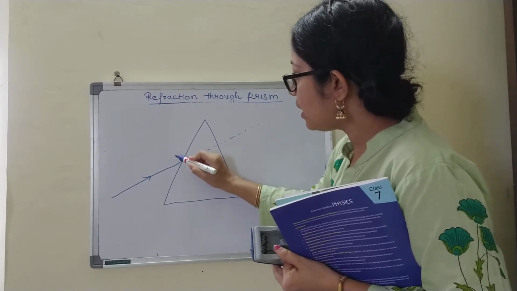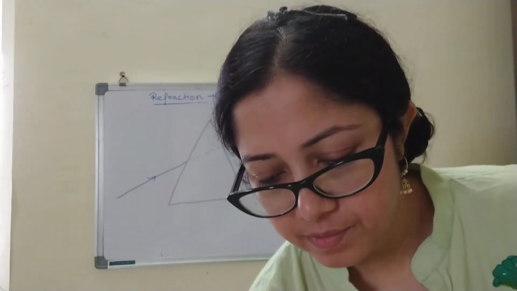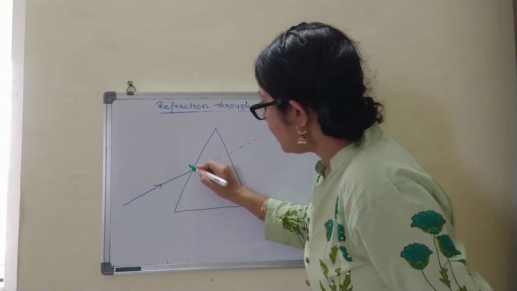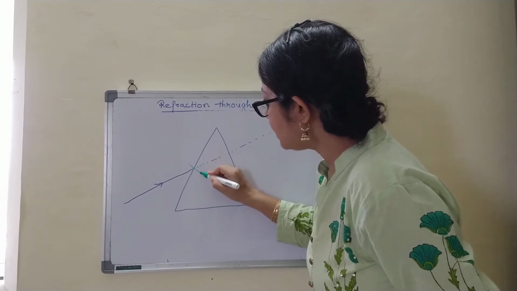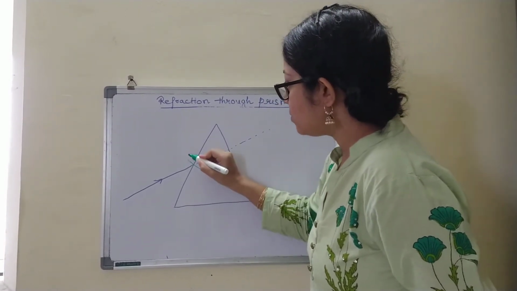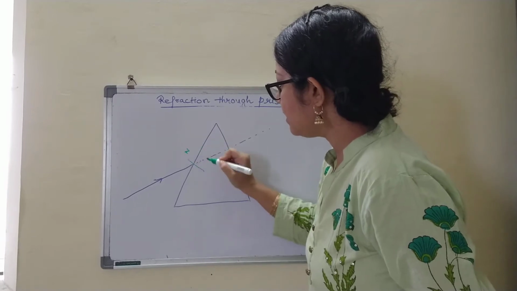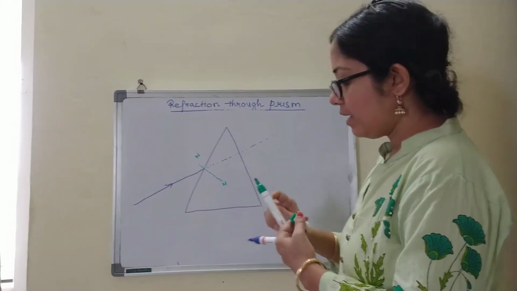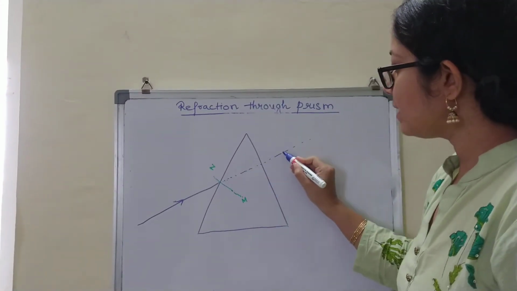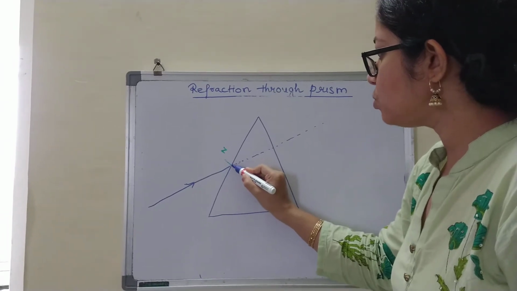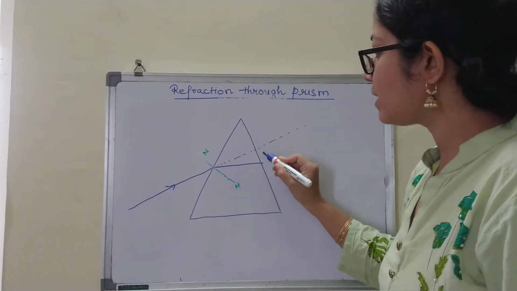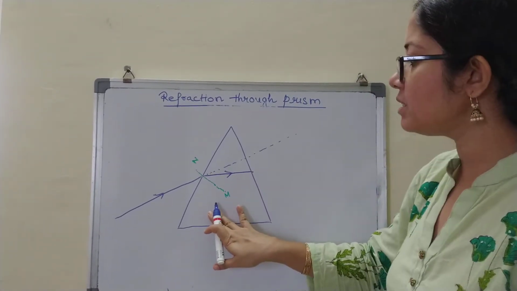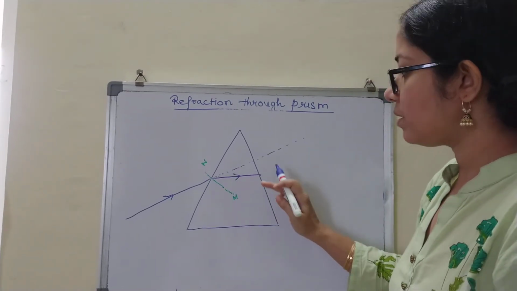Now I will draw a normal over here, and we will see how the light bends. Let us name it as M. Now we will see that instead of going like this, the light bends towards the normal because we know the refractive index of glass is more, or it is an optically denser medium. So it moves towards the normal, right?